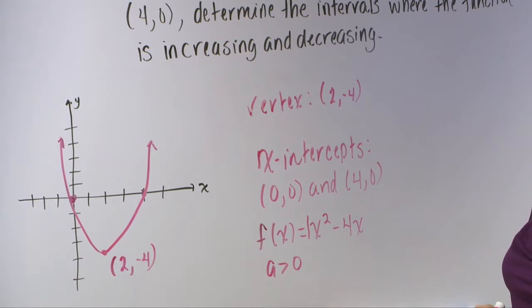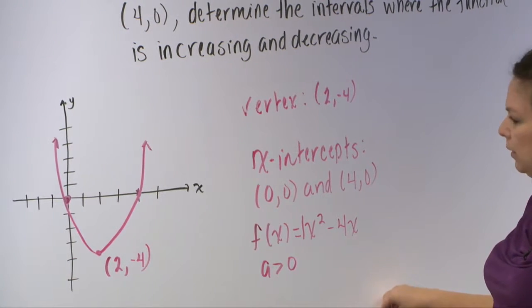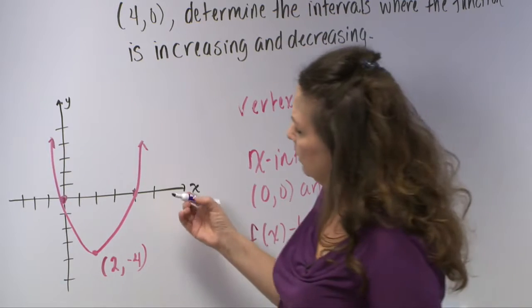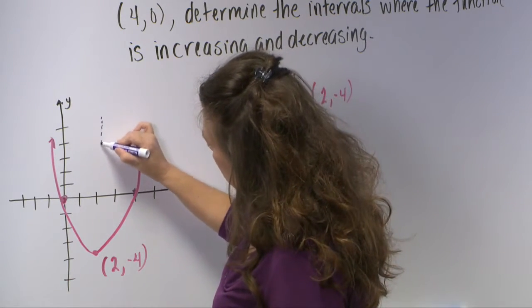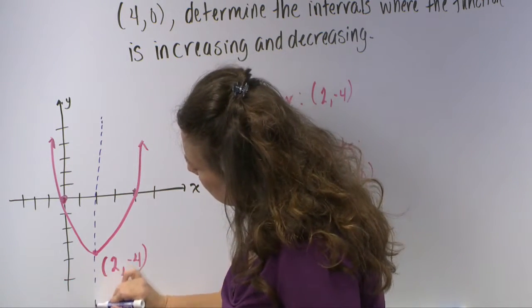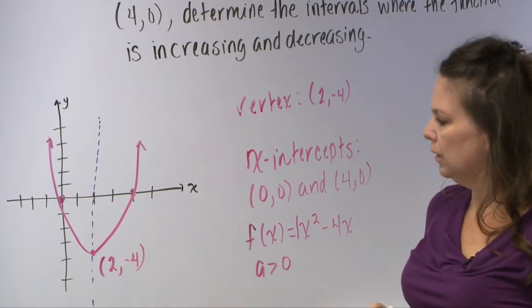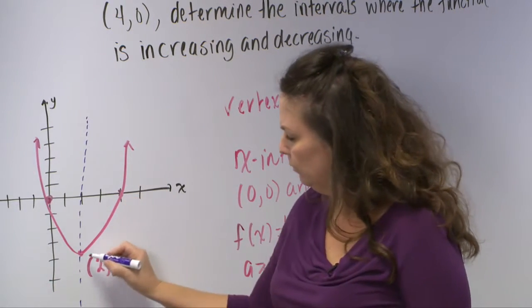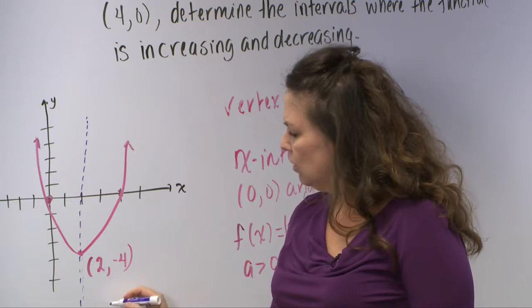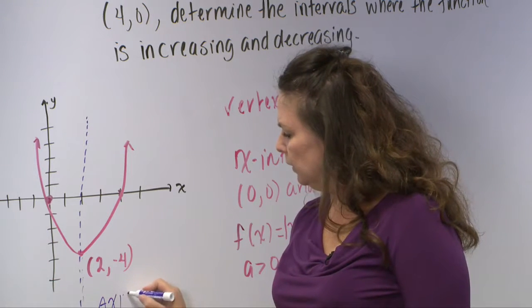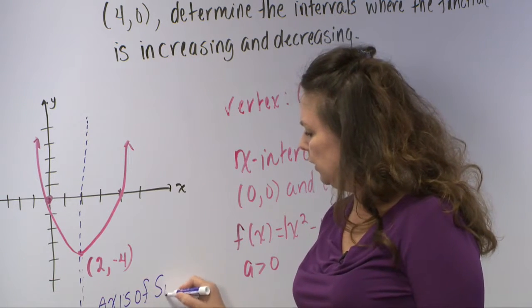The parabola is symmetric with respect to a vertical line that goes through the vertex. This is called the axis of symmetry.